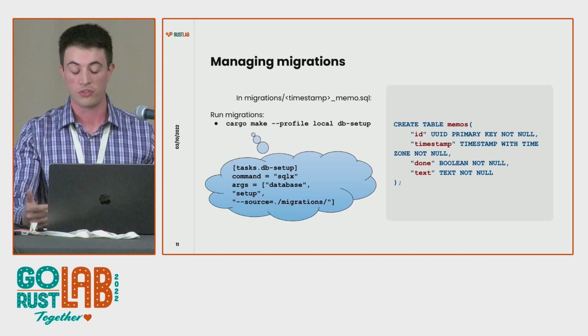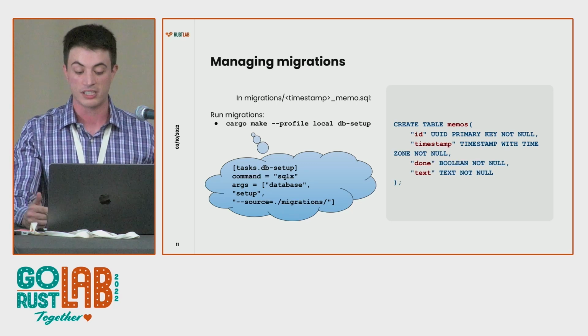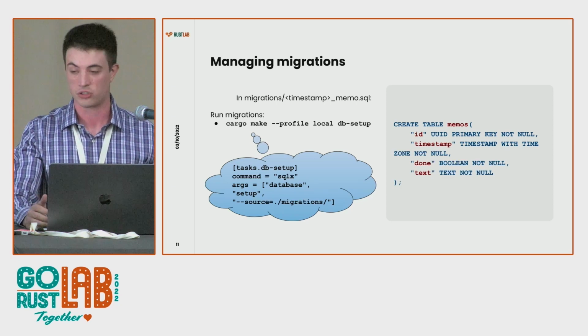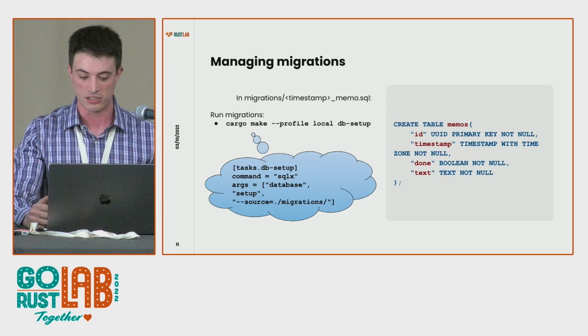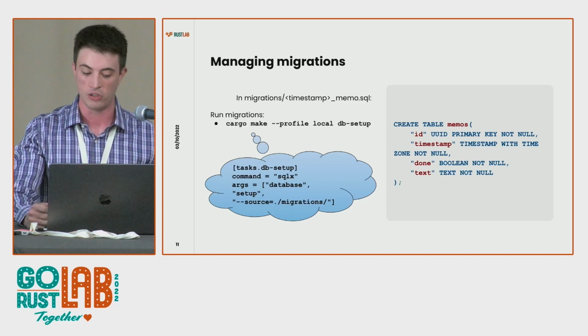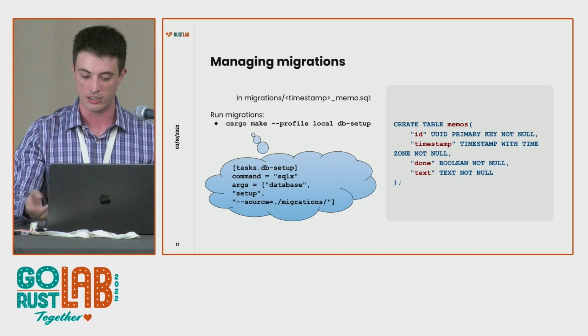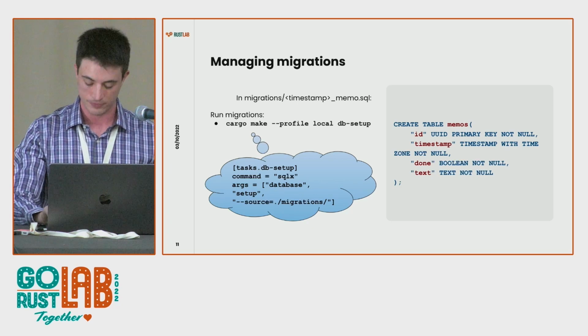And the utility of this is that I can reuse this exact same flow later on, for instance, to set up the production database, because all I need to do is just create a new profile which contains the actual database URL for the live production database. But the task is going to be exactly the same.